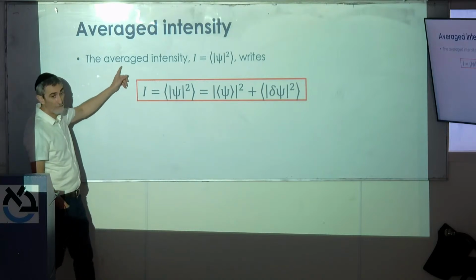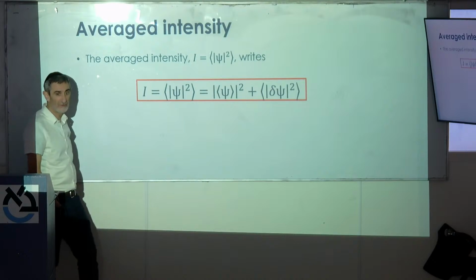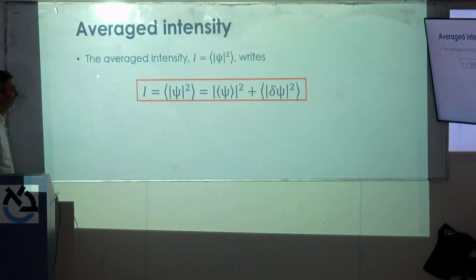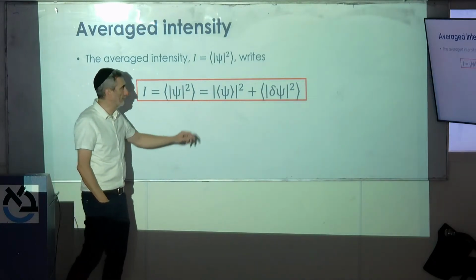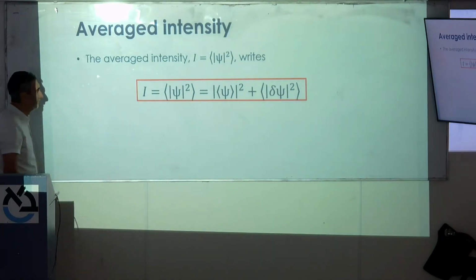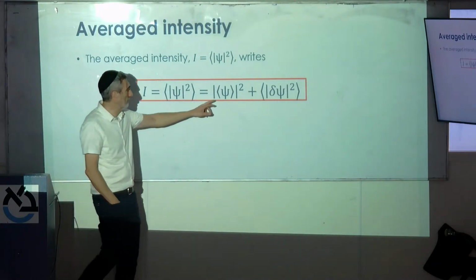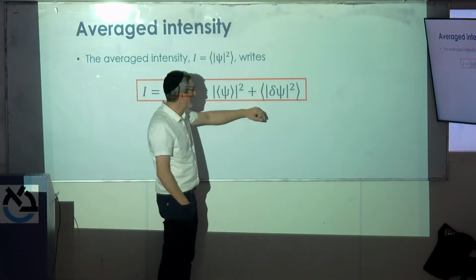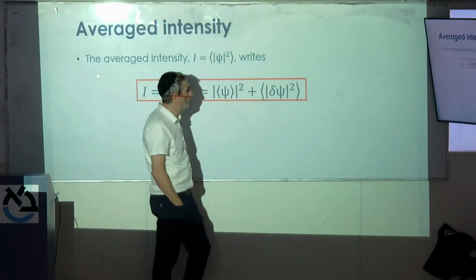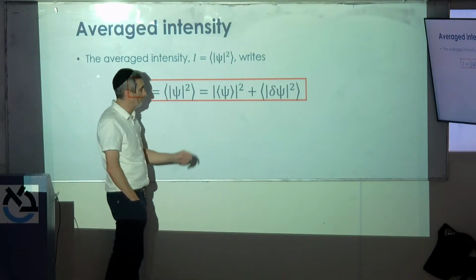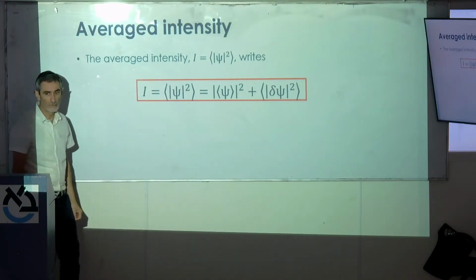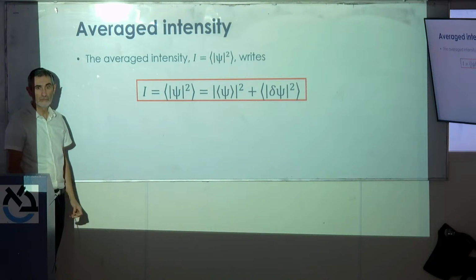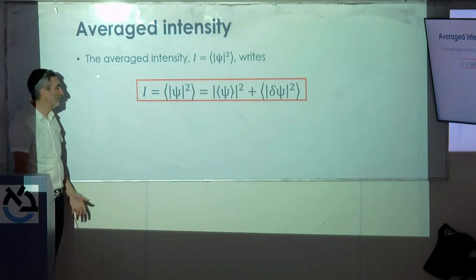If you take a piece of paper and write this calculation, can you show that we actually get two terms? We get the modulus square of the average field plus the average of the modulus square of the field of the fluctuations. Do you want to try to solve that? Not yet? You're too tired? It's easy.